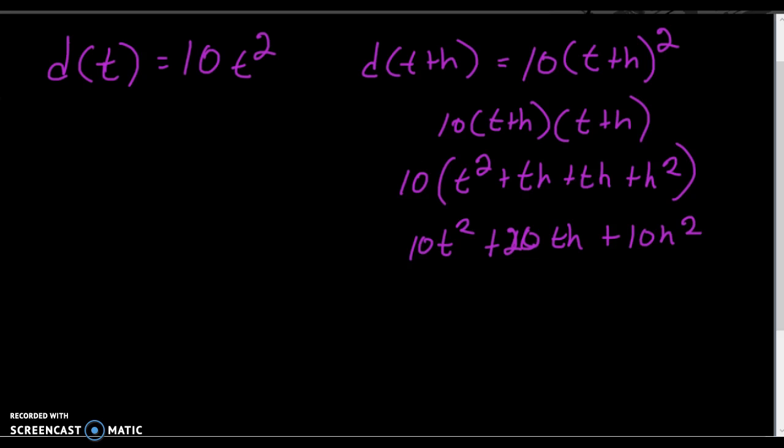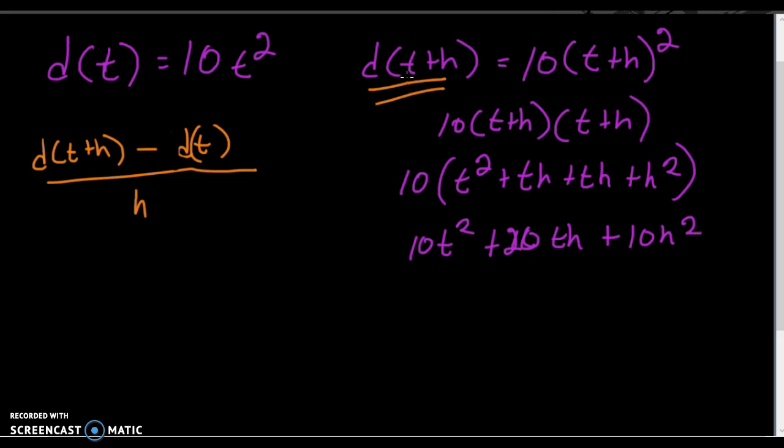So remember, the difference quotient is going to be d of t plus h minus d of t, rather, all over h. Oh, come on. Let's get the eraser. There we go, that's better. Well, I just calculated my d of t plus h, it's right here.